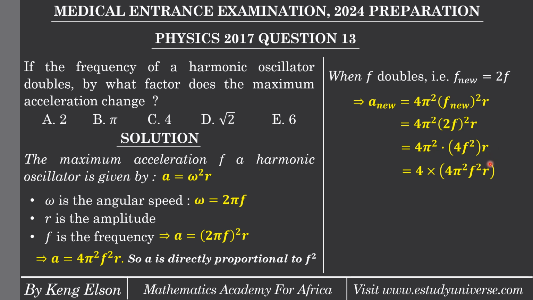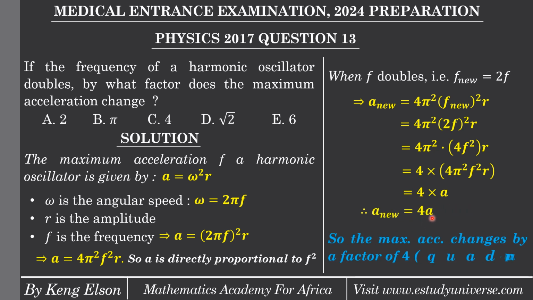Multiplication is commutative. A times b is equal to b times a. But we know that 4 pi squared times f squared times r is the original maximum acceleration with frequency f and amplitude r. So it therefore means that the new acceleration is 4 times the original acceleration.